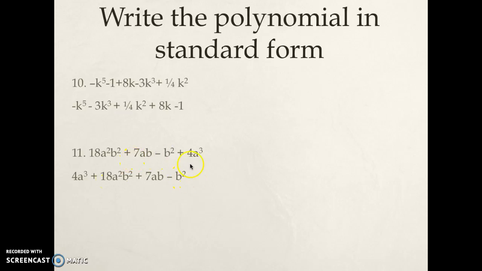And although we still have that b squared as a higher exponent, a still comes before b, so we plug in 7ab next, and then minus b squared. Now let's pause the video and try number 12 on your own. Here is the answer for number 12.